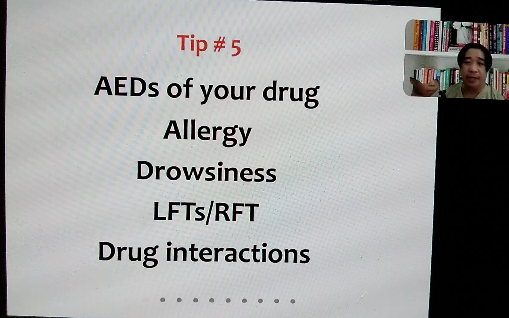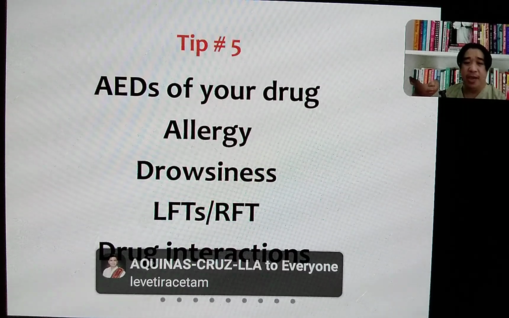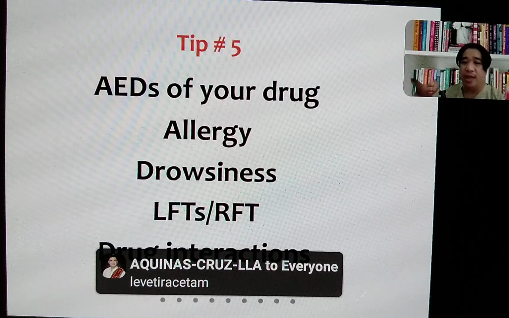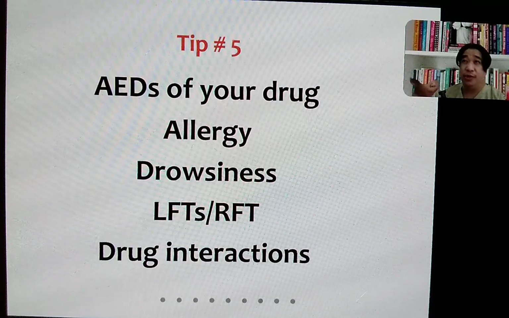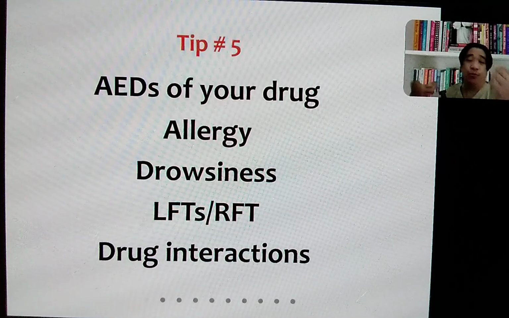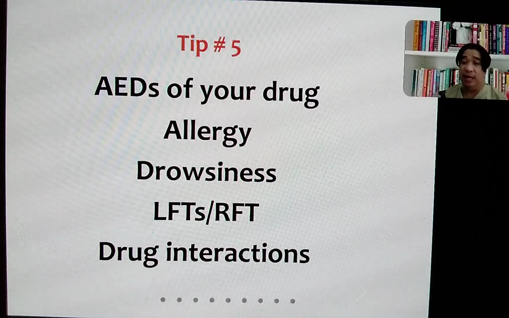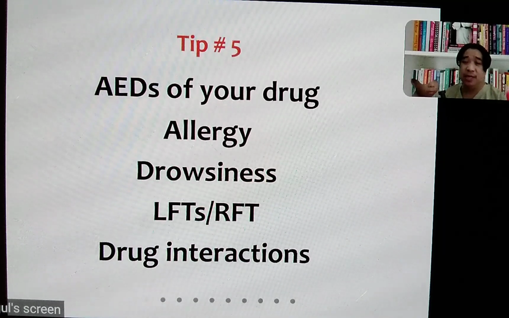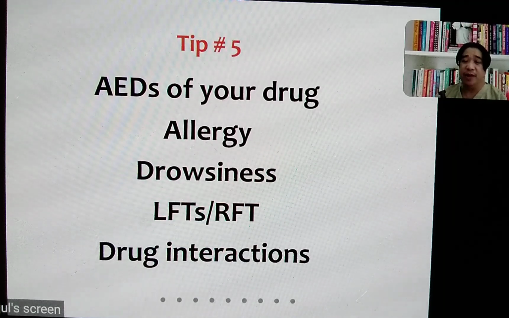Which anticonvulsant is basically renal? Okay, it's levetiracetam. Now for the liver function, you have to get the SGPT, particularly in patients with phenytoin, valproate and phenobarb. For the drug interactions, the one with the safest profile is still levetiracetam, least drug interactions. But in patients with renal disease, you have to adjust the dose of levetiracetam.